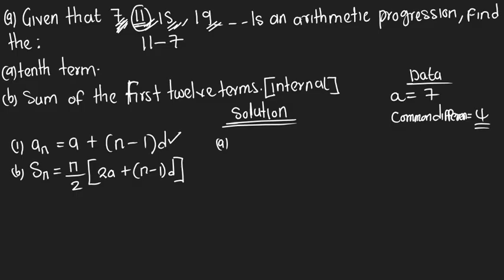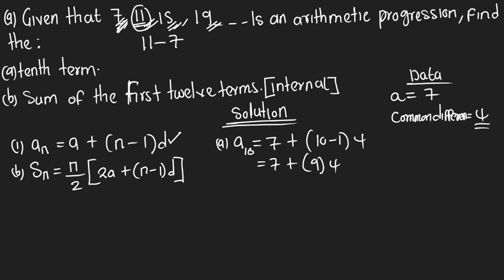So you can say the nth term is equal to, the first term is 7. Then what term are you finding? The 10th term, which is 10. And then you're going to put your common difference, which is 4. From there you have your 7 plus, here you're going to have your 9 multiplied by 4.